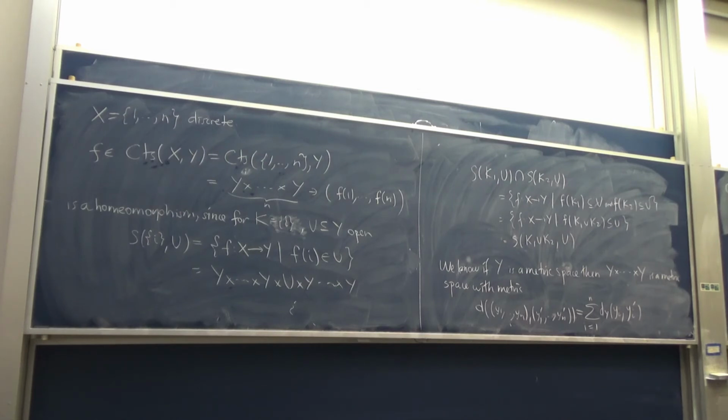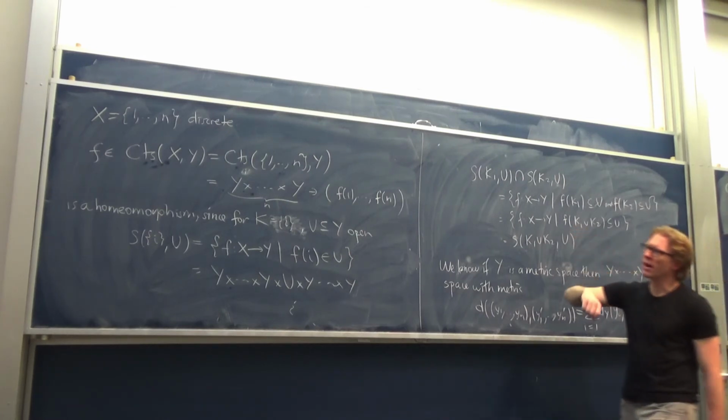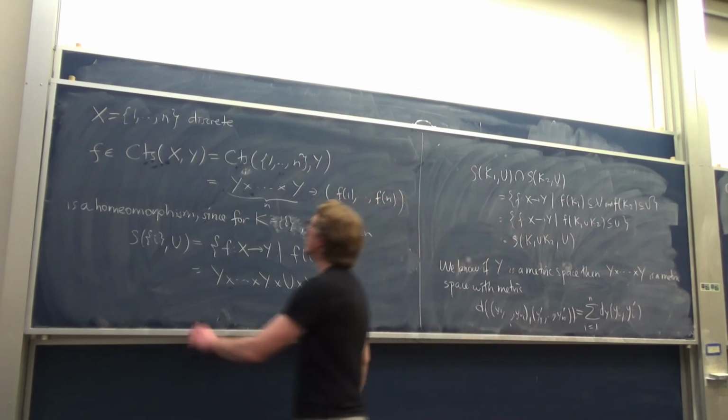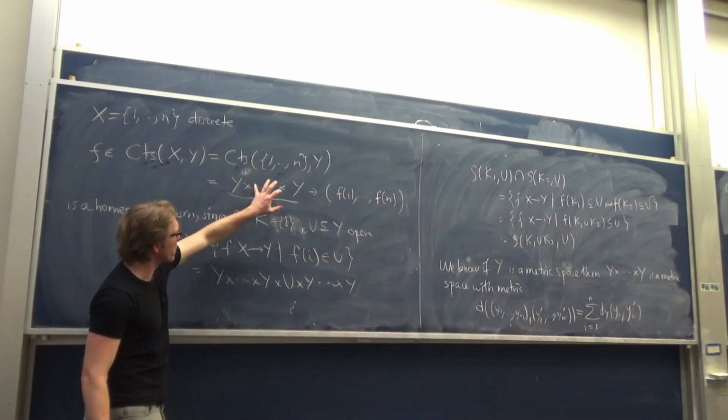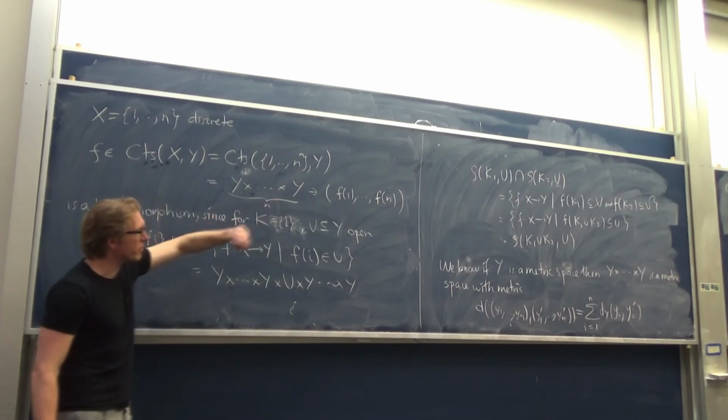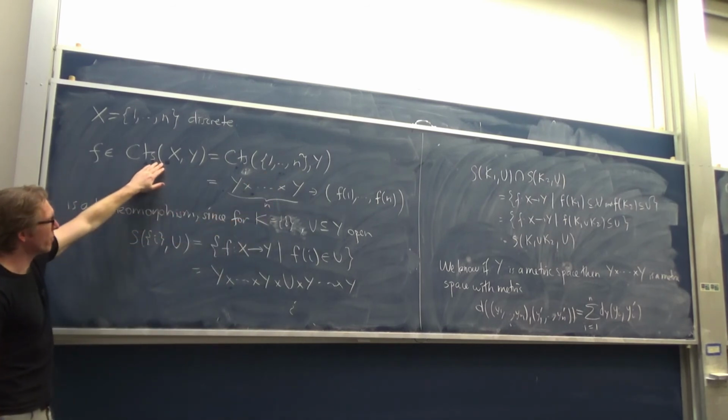Okay, well that's a metric and it induces the topology, the product topology, as you can check. So that means that at least in the case where x is finite and discrete, and y is a metric space, we knew how to think about this topology as arising from a metric, that is, it's metrizable, and therefore this is metrizable.